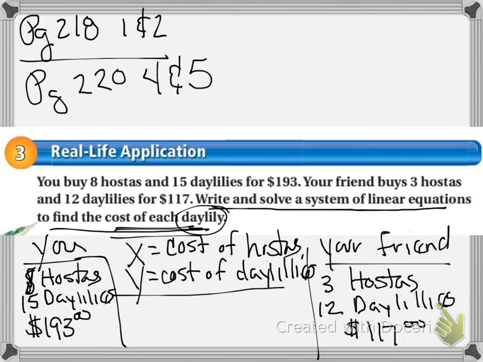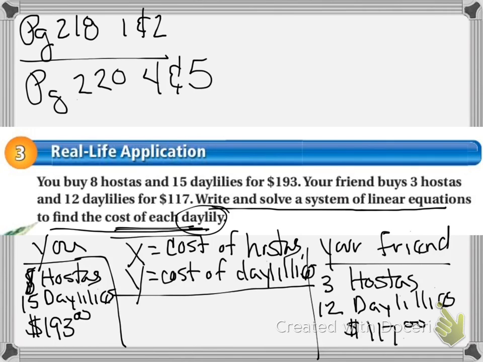Okay, that we know. With all this information, now I can write 2 equations. Pretty easy, I think. I have 8 hostas. Well, 8 times the cost would give me that total. 15 daylilies here. Let me just get a highlighter maybe.